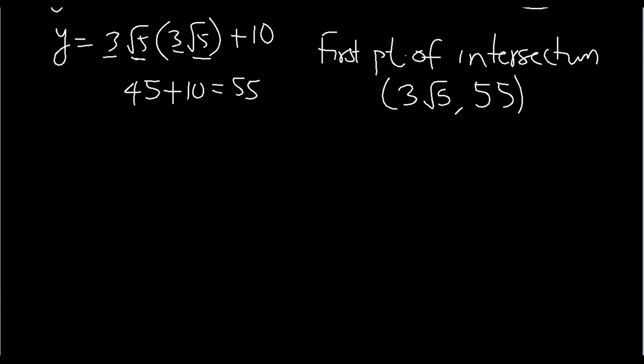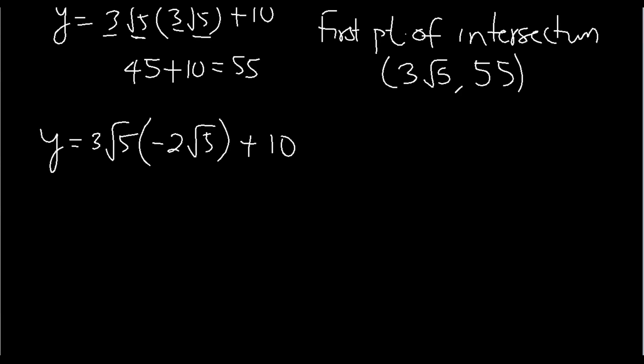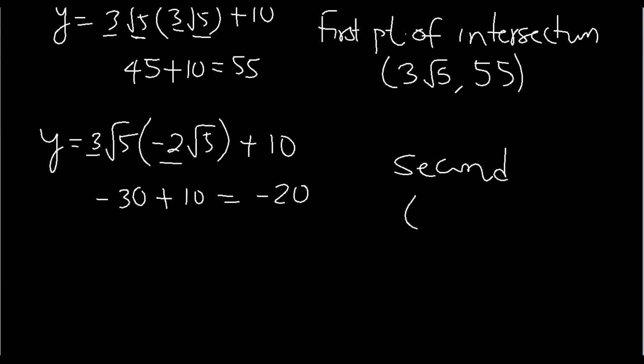What was the second? y equal to 3 square root 5 and the x value was minus 2 square root 5, plus 10. 3 times 2 is 6. 6 times 5 is 30, negative 30, plus 10, which is minus 20. So the second point of intersection comes out to be minus 2 square root 5, minus 20.